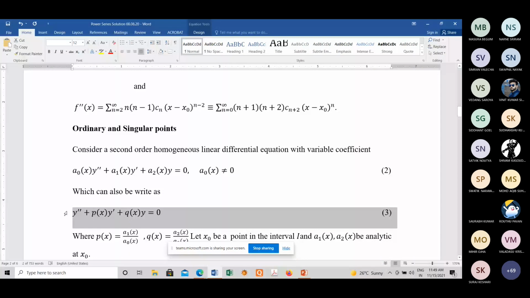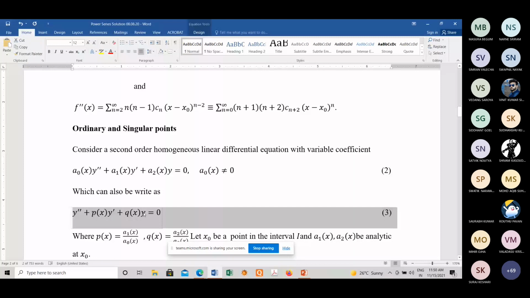Now, a point x equal to x naught is said to be an ordinary point of the differential equation 3 if px and qx both are analytic at the point x equal to x naught.